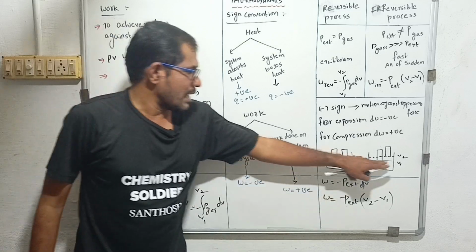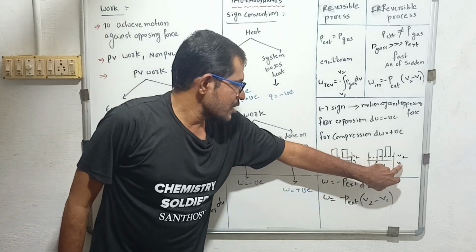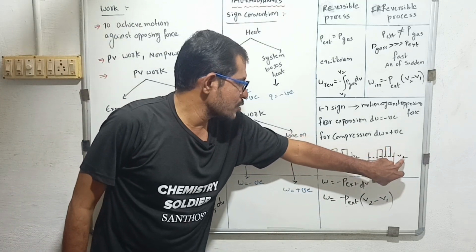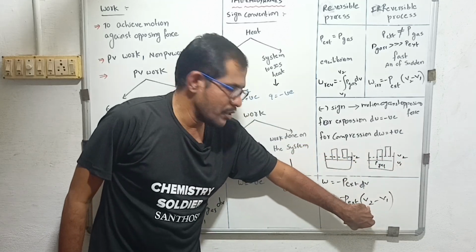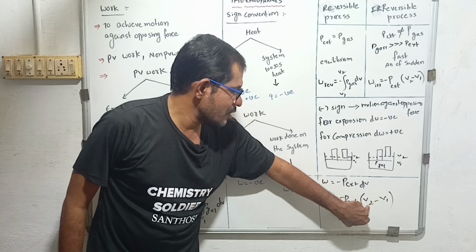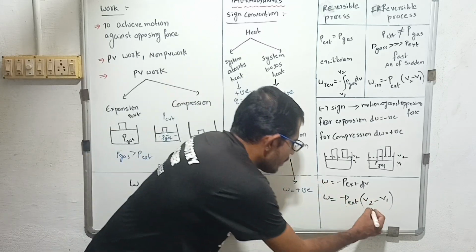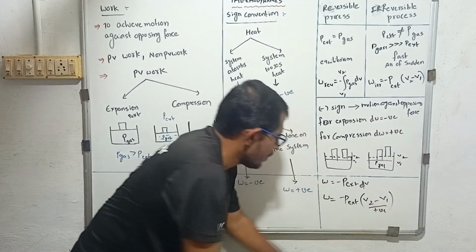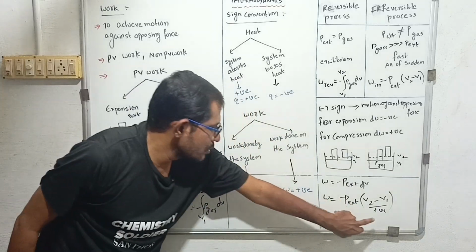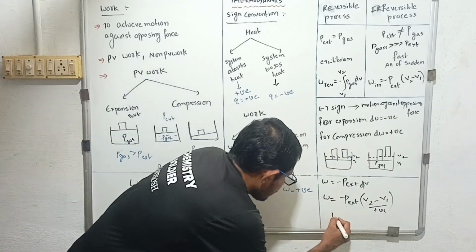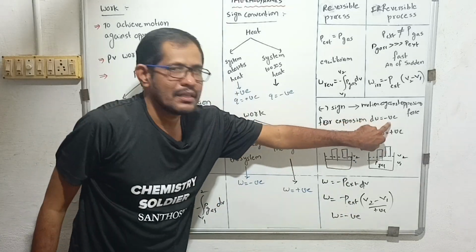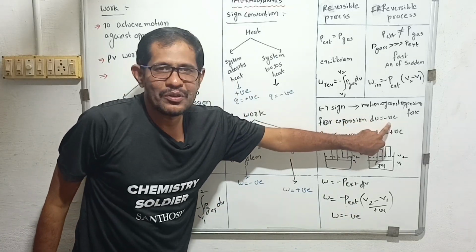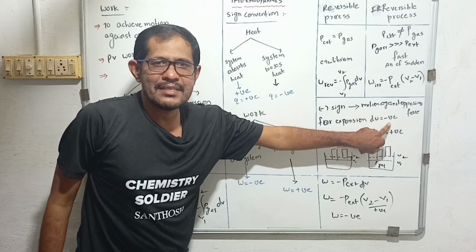I repeat, for expansion the gas goes from V1 to V2, so V2 is the larger value and V1 is the smaller value. So for expansion, the work done is negative.